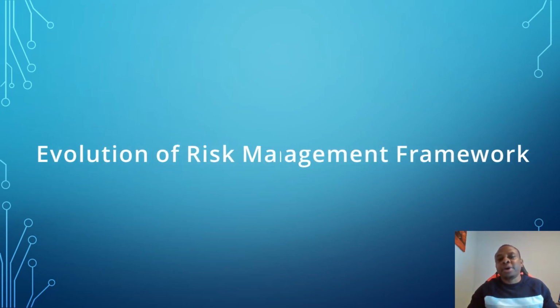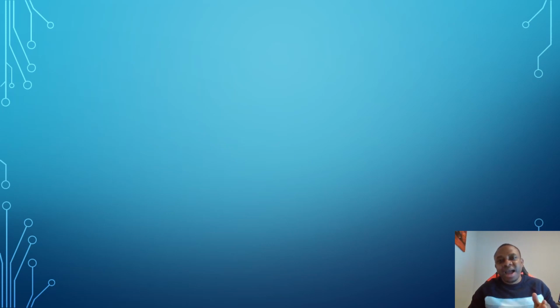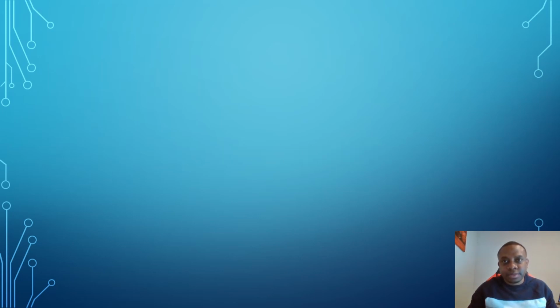We'll be talking about the evolution of RMF, the Risk Management Framework. Now, the FISMA Act of 2002, which is the Federal Information Security Management Act, requires federal agencies to develop, implement, and document an agency-wide program to provide information security for the information and the information systems that support the operation and assets of the agency.